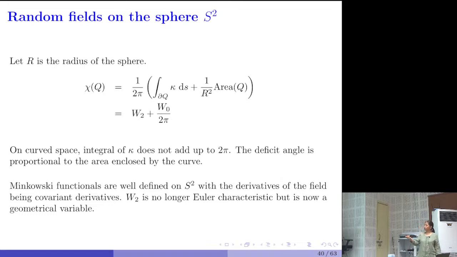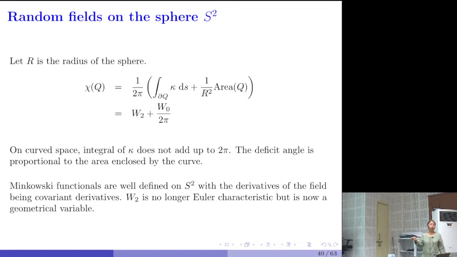So this quantity will change. You can either find out this area and use chi, or you don't. It doesn't matter. You can just compute this part which we call W2, and we can still use that. That is still a good statistic to use. So in whatever follows, we will use only W2. We will not worry about the rest because this information is there in the area anyway.